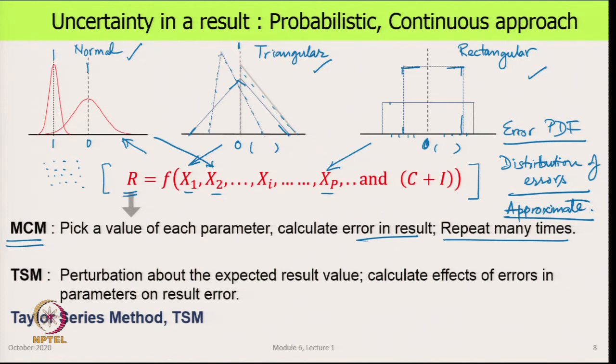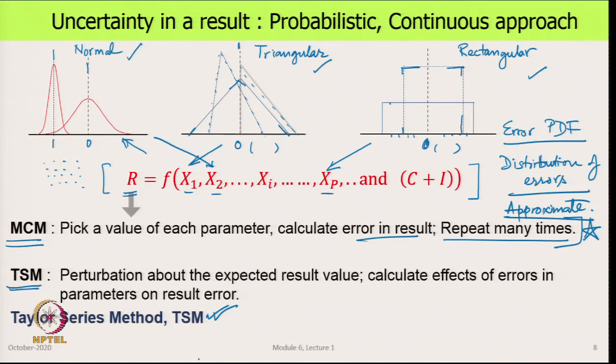Then we can say that fine, we have reached that point, and that has to be done for every single parameter. So, this is what one does with a computer. You write a program and then it can do all of these things. This, as I mentioned, is a topic of advanced courses. We will not study about MCM technique in this course. In the Taylor series method, which is what we will learn, this is what is there.